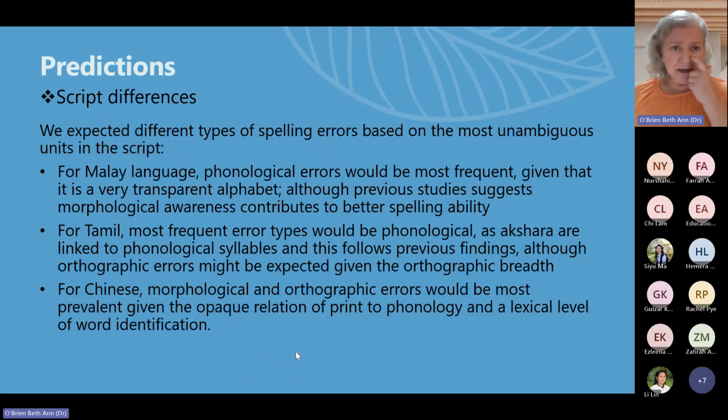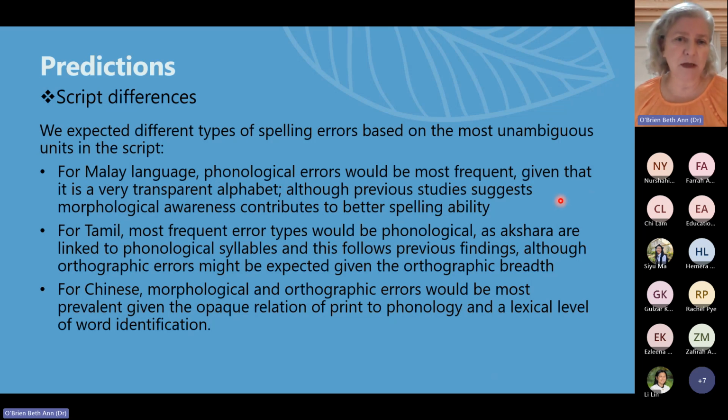Okay, so for the study that we ran where we had children write the words in either Chinese or Malay or Tamil, we made some predictions based on previous work and the POMIS model. So we would expect that for a transparent alphabetic language like Malay, they're going to be heavily using, for reading at least, this indirect pathway or sublexical pathway.